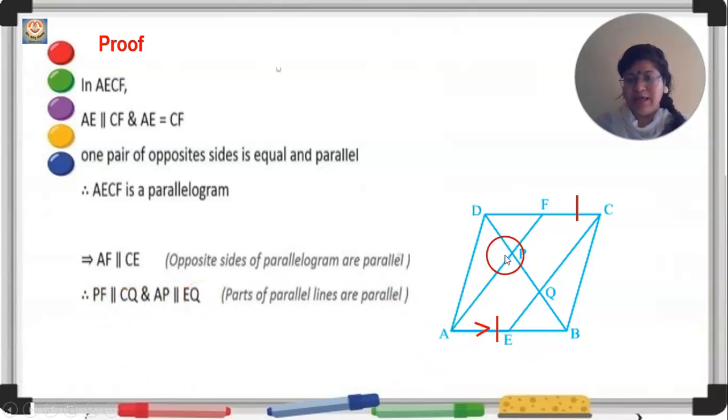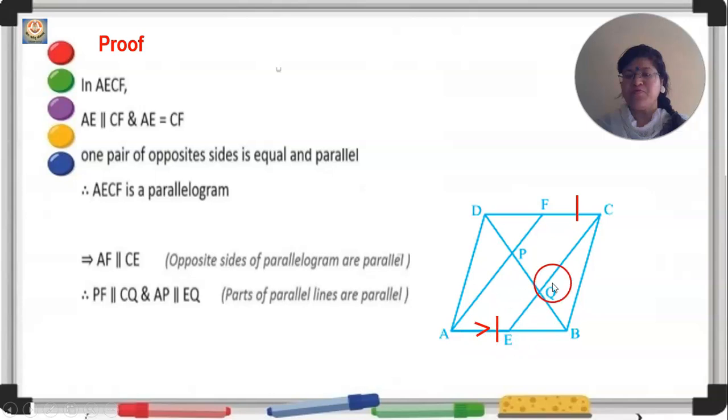Now, AP and PF are parts of AF, right? Therefore, PF will be parallel to CQ. And AP, which is a part of AF, will be parallel to EQ. So you could write the reason as parts of parallel lines are parallel.